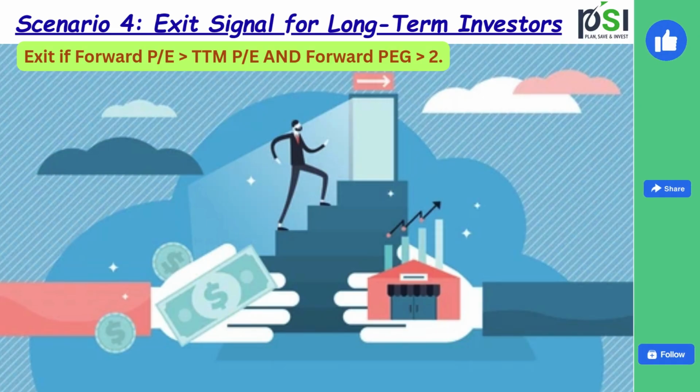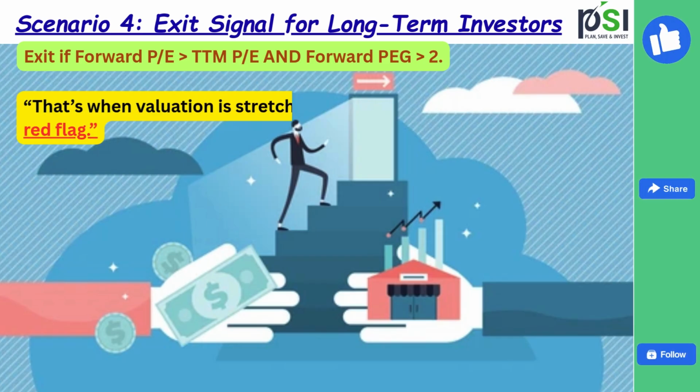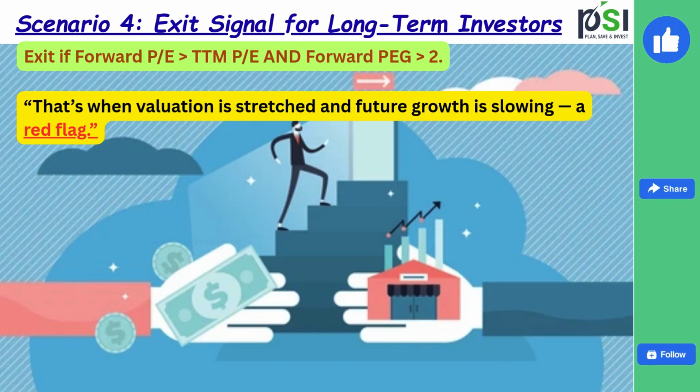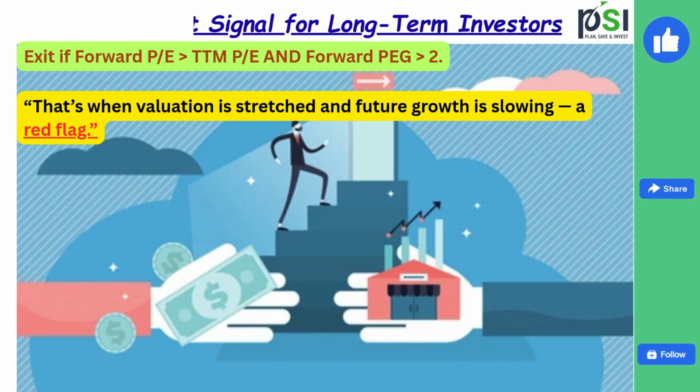But this is not always true if you are holding the stock for 3 years or 5 years. Generally, if forward PE is greater than trailing PE and forward PEG is greater than 2, most investors do keep it as a red flag. Few might consider it a yellow flag based on the earnings quality and long-term perspective.